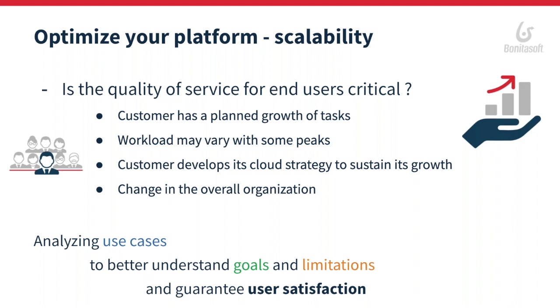Your company can buy another one where you will have to double the number of users. I don't know, but this can happen. And you want to make sure that you will give the same level of service to your users. So if it's critical, you have to think about scalability.